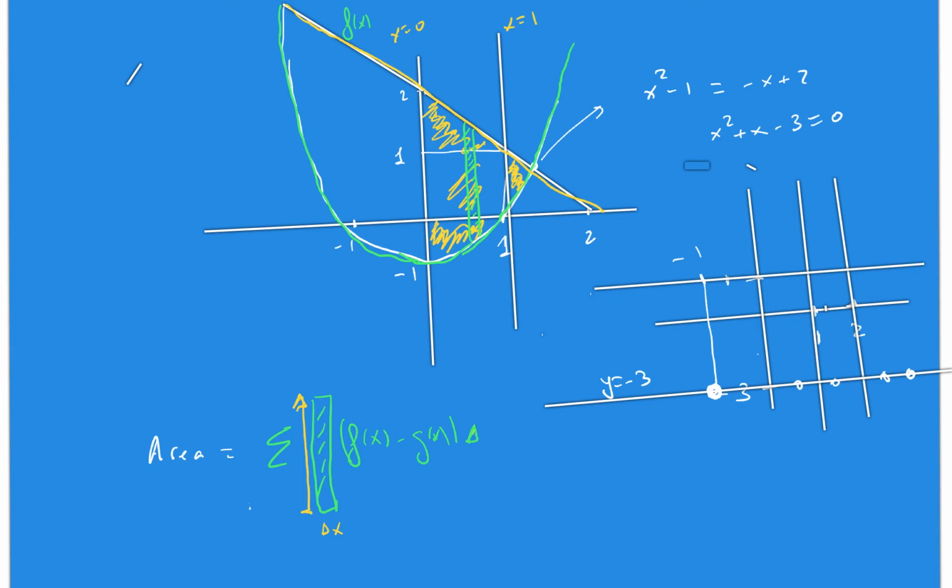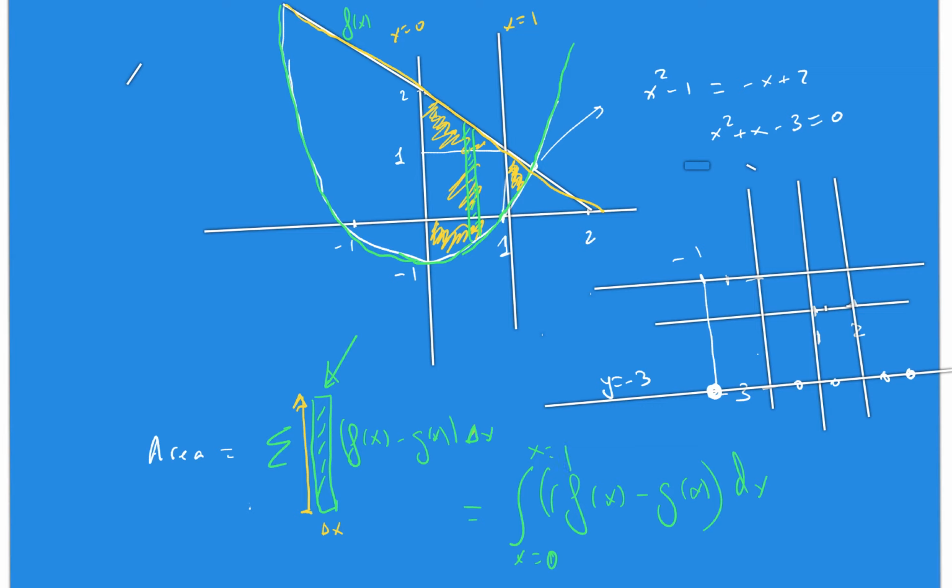So the area will be the sum of all pieces like this one, and the sum of all pieces like this one is the integral of f of x minus g of x dx, from x equals 0 to x equals 1.